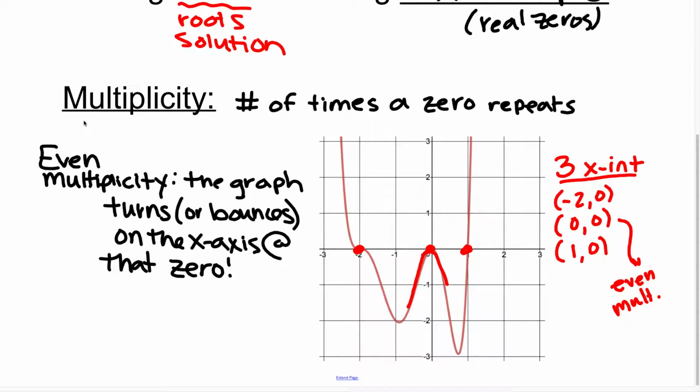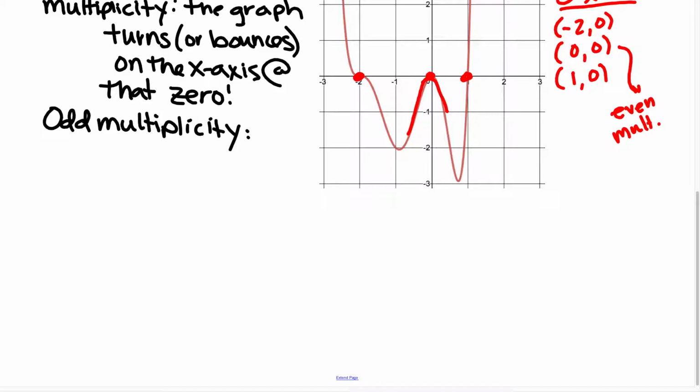And then odd multiplicities, because you could have a 0 repeat an odd number of times. Here's what happens for odd multiplicities. The graph crosses the axis at the 0.